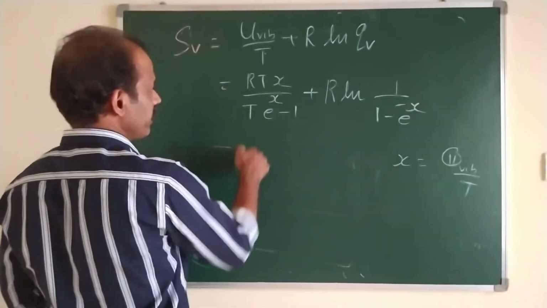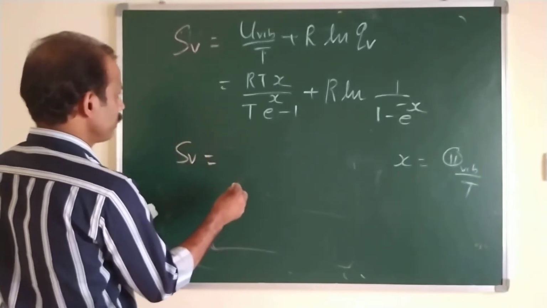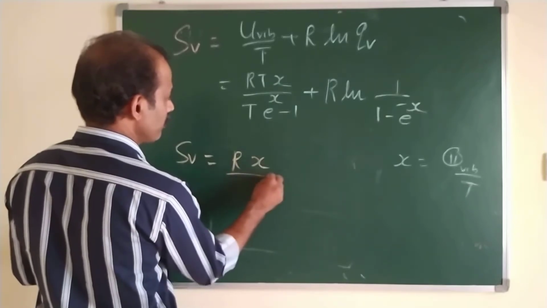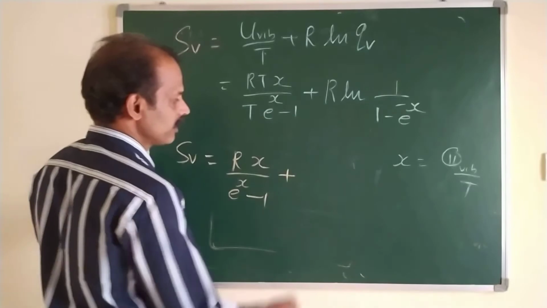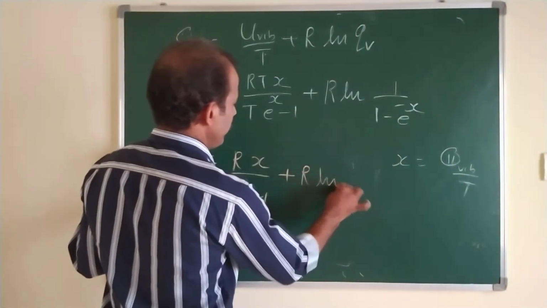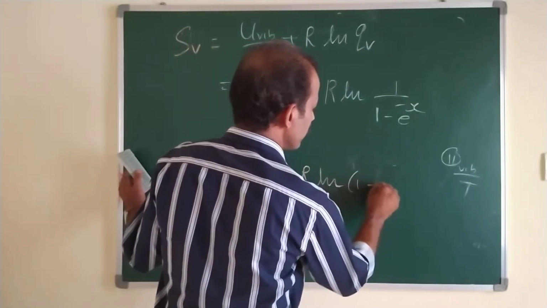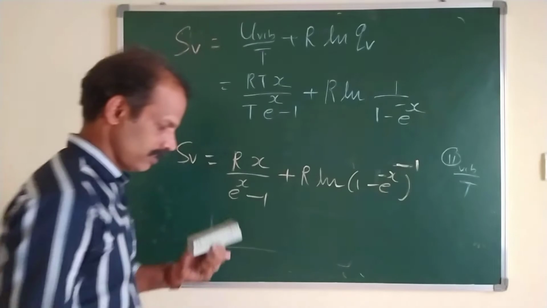So this T and T cancel, we get S vibration equal to R into x by e raised to x minus 1 plus R ln of 1 minus e raised to minus x, all raised to minus 1.